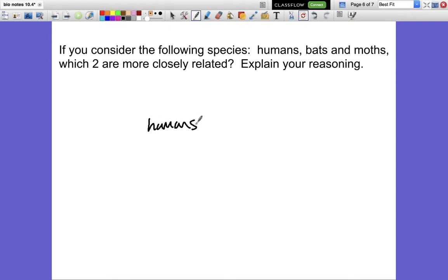So if I have humans, bats, and moths, and I'm trying to figure out which 2 things are most closely related. You might be tempted, considering you're going to use a quick Google search for something like this, to connect humans and bats, just like we did before in this example.